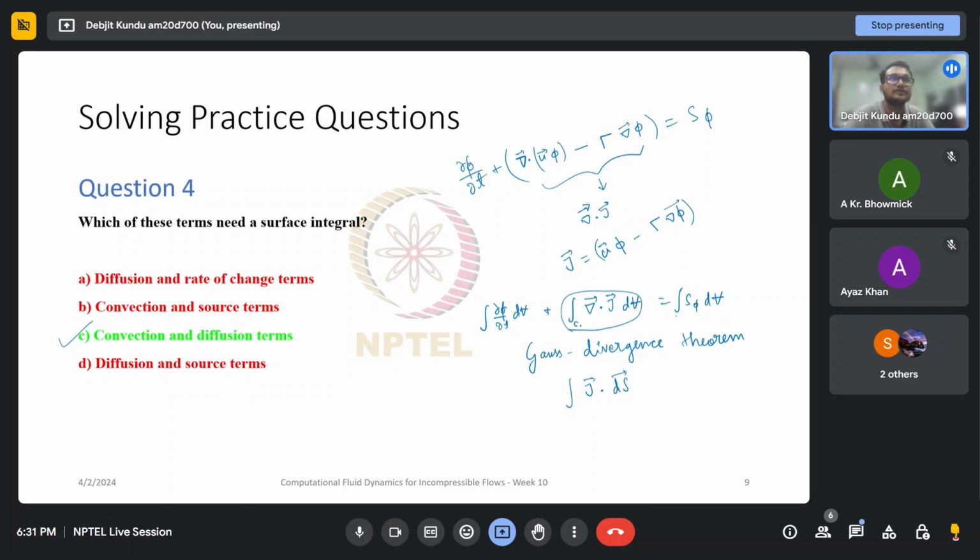And this was over control volume. This now becomes over the control surface. And so in this way, the convection and the diffusion terms individually get converted into a surface integral, which is this.